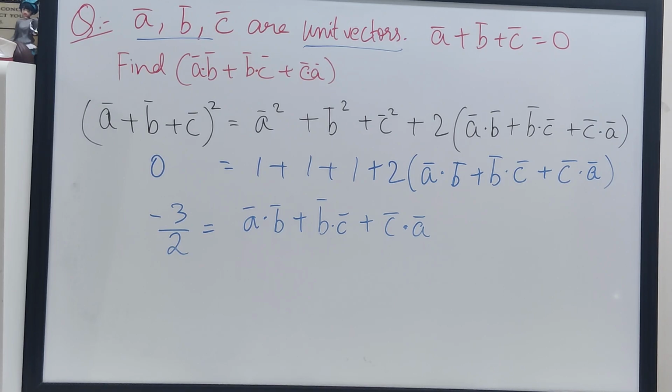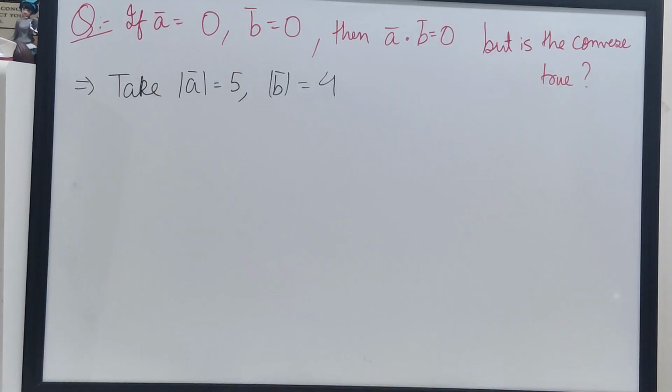Next question, if A is not 0, B is not 0 and A dot B is 0, then can you say that if A dot B is 0, that necessarily means that A is also 0 and B is also 0? Let's see.